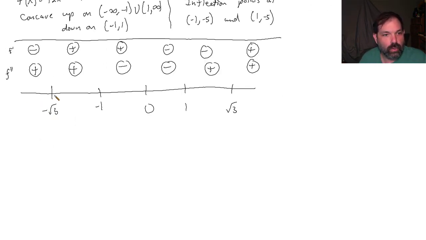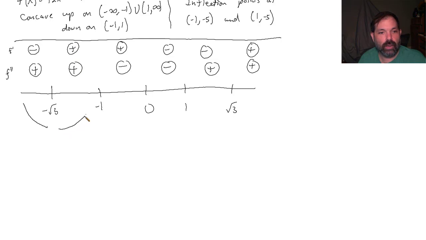Over this first interval, between negative infinity to negative root 3, the curve is decreasing and concave up. How would I draw a curve that's decreasing and concave up? Okay, so decreasing and concave up, it might look something like that. Now it's increasing and concave up.